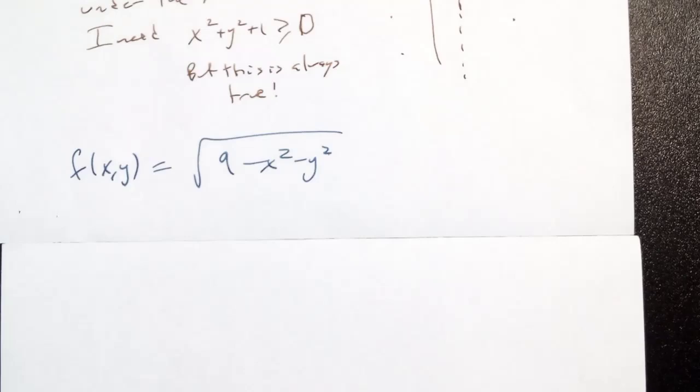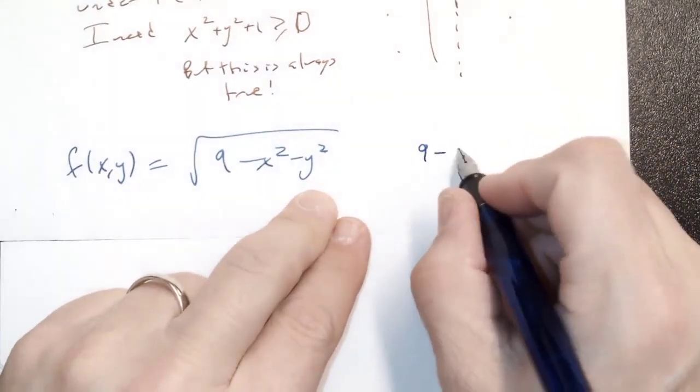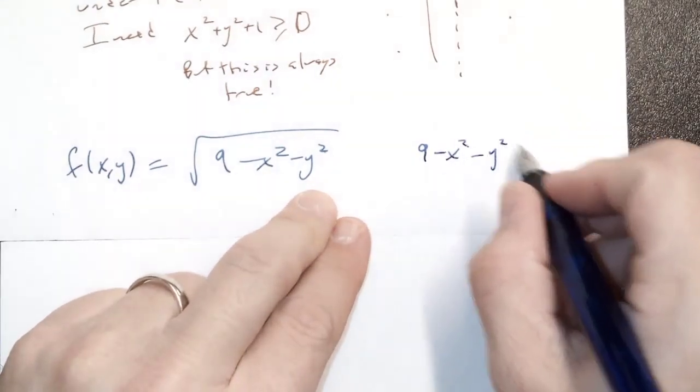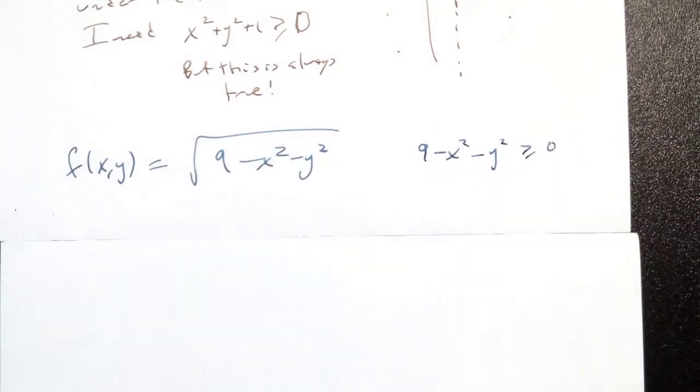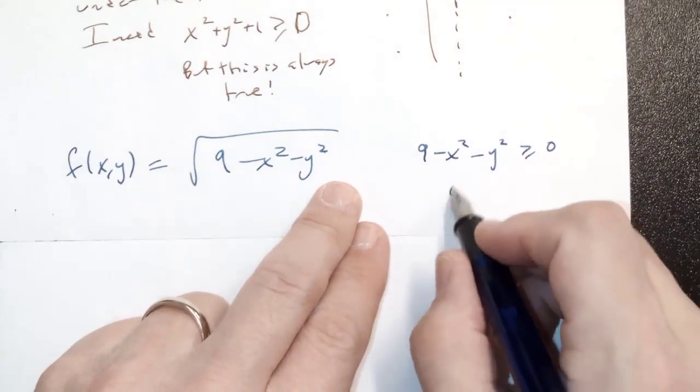Walk me through how you get there, Jack. Well, I was thinking like it can't be negative underneath the square root. So I need this to be bigger than or equal to 0, right? Which means move the negative stuff over.